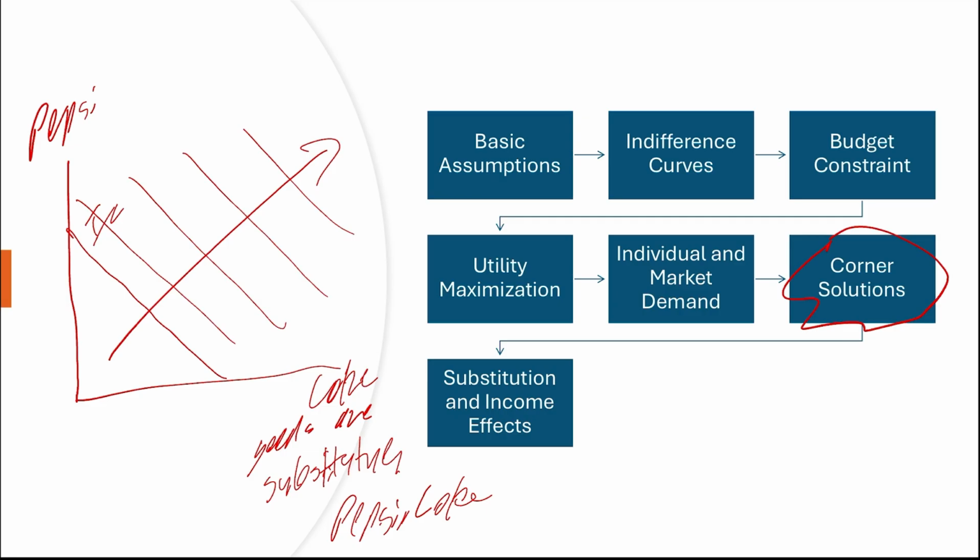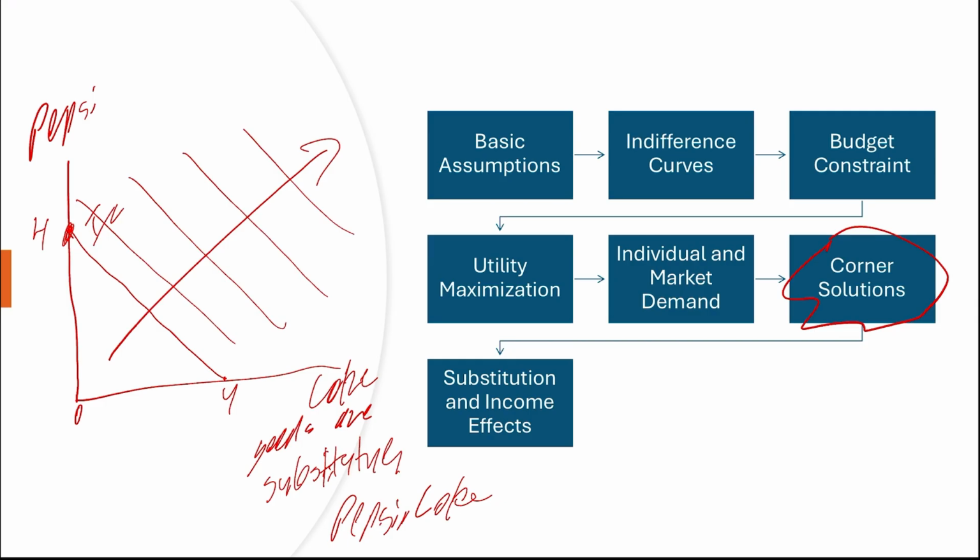Because if we have Pepsi and Coke, we might have some constant rate at which we're willing to trade off one for the other. If we like them both equally, then we might be indifferent between 4 Pepsi and 0 Coke, and 0 Pepsi and 4 Coke. Or maybe there's some other ratio where we like Pepsi twice as much as Coke, but we always have this constant rate at which we're willing to substitute one for the other.